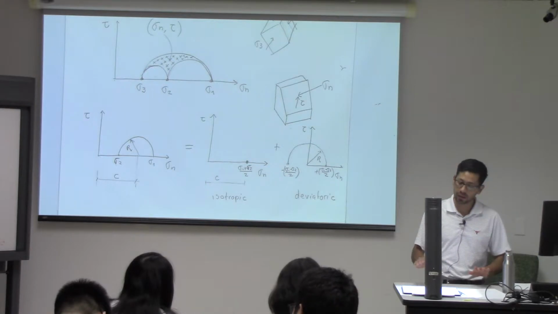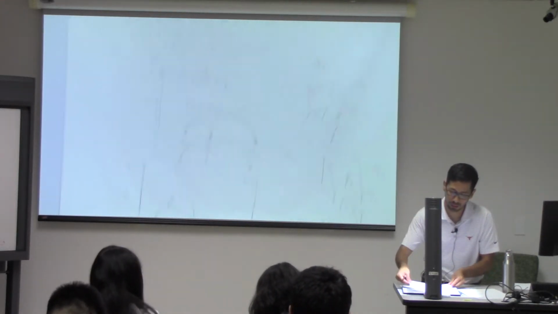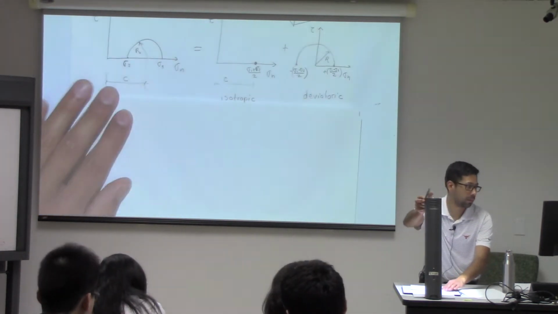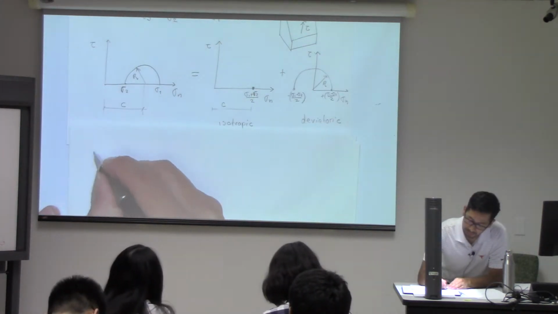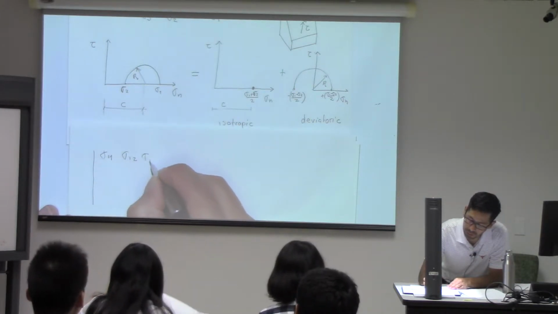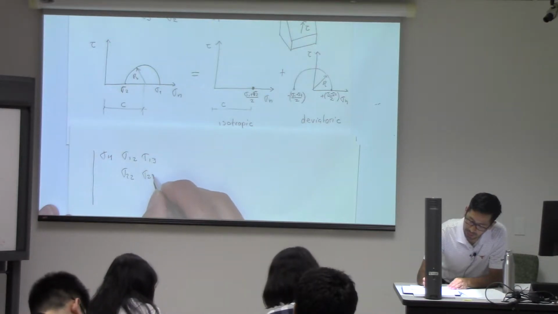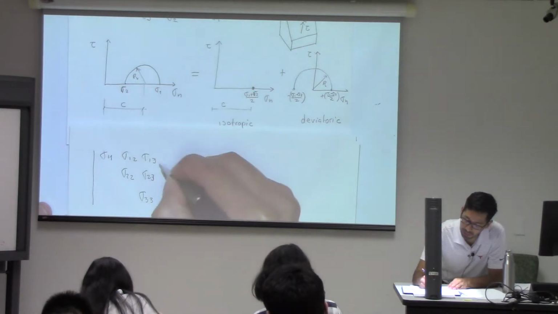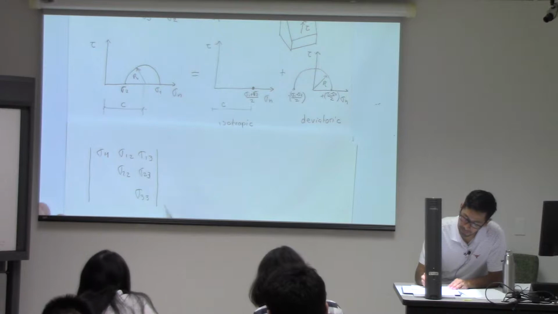So let's do the same, but now mathematically and in 3 dimensions. But it's exactly the same. Now we have a tensor sigma 1, sigma 2, sigma 1,3, sigma 2,3. I'm not writing the lower off-diagonal terms, to save some time, because they are the same.